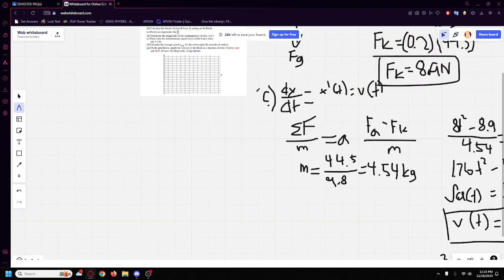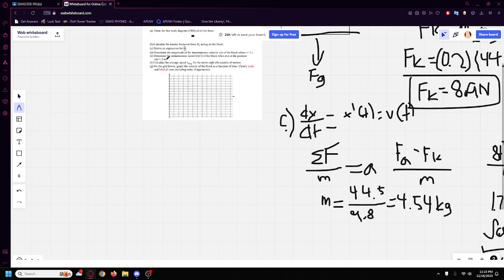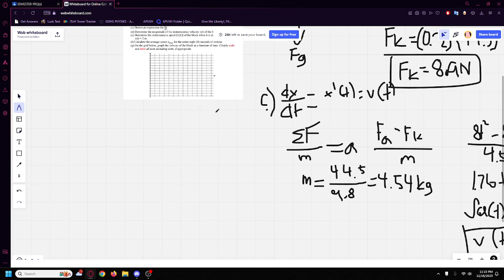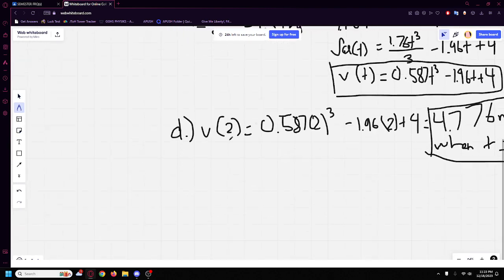For E, it's asking for the instantaneous speed of the block when it is at position x of t equals 2 meters. To find the x of t function, you integrate the velocity function.